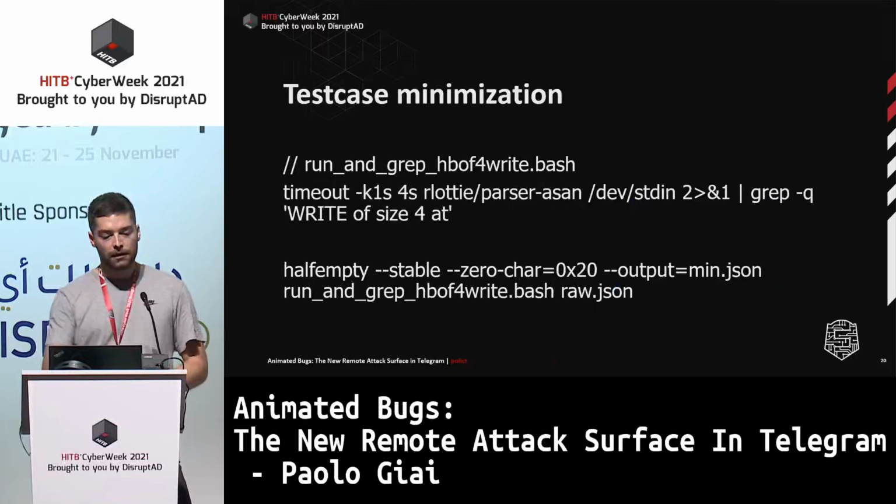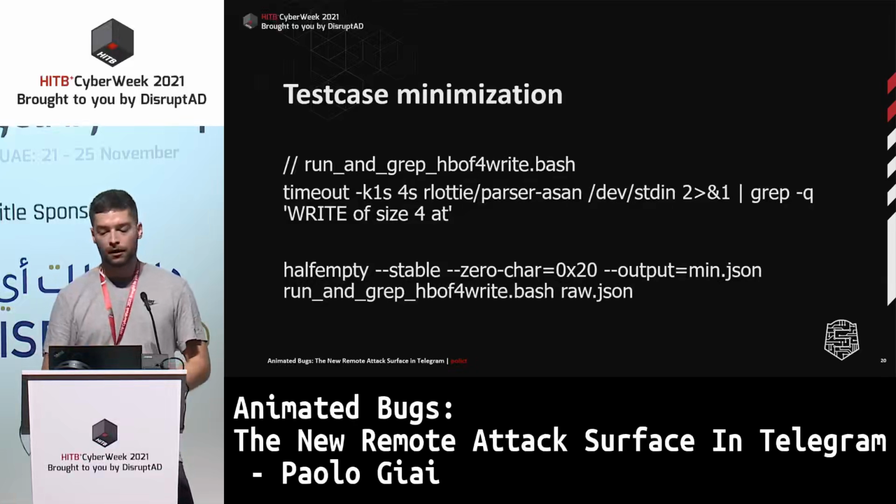So you can see above there is the run and grep heap-based buffer overflow for write .bash script, which basically will pass the standard input coming from halfempty to the Lottie parser instrumented with AddressSanitizer, and then grep the write of size 4 because I wanted that specific crash.